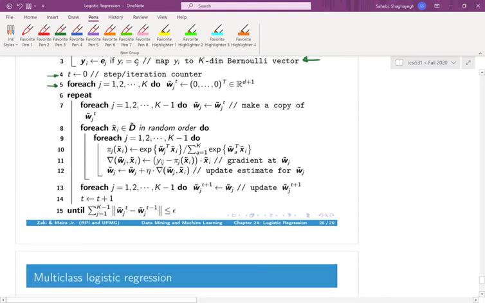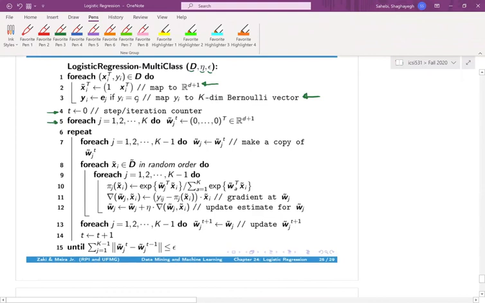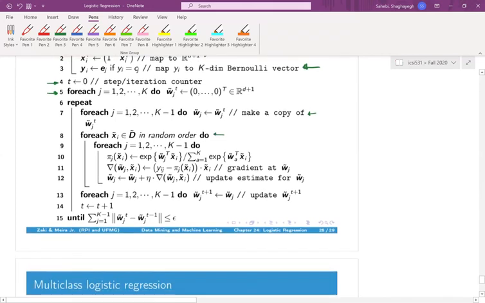And then the rest is very similar to binary logistic regression. First of all, we keep a copy of Wj transpose for each of our classes. And then in a random order, we go over our data points. Here we have an additional loop, one loop for each class.